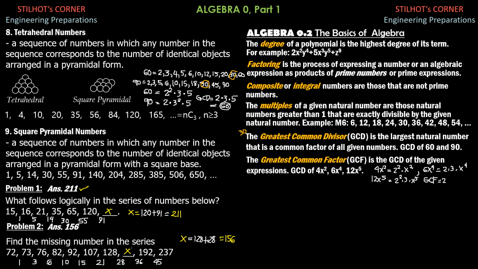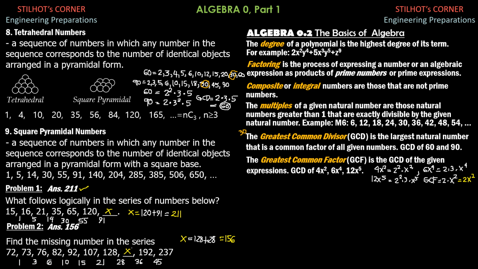For x, it's common, and the least exponent is x squared, therefore x squared. Therefore, the GCF for this problem is 2x squared, the greatest common factor.